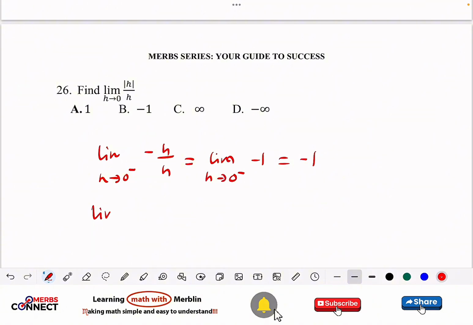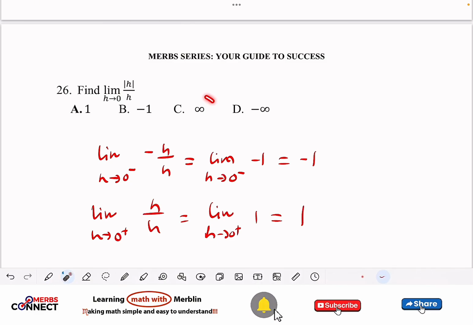Let's look at the positive side. 0 positive side, we are going to pick the positive of this, which is going to be x divided by x. Limit as x is approaching 0 from the positive side, this is going to be 1. So this does not exist. So we can pick something like undefined, which is minus infinity. C.